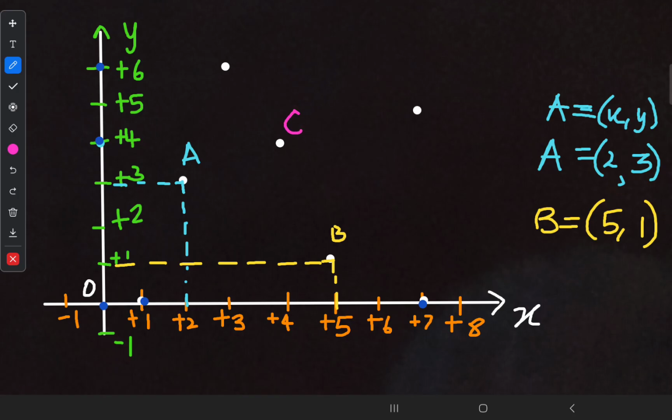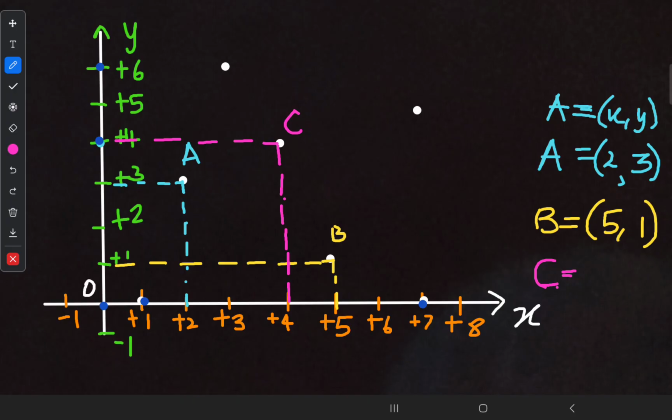Then let's see our next question. This is our point C. Here this is going somewhere like here. To find the coordinate of C, first of all you have to find the x coordinate, then the y coordinate to get your total C coordinate.